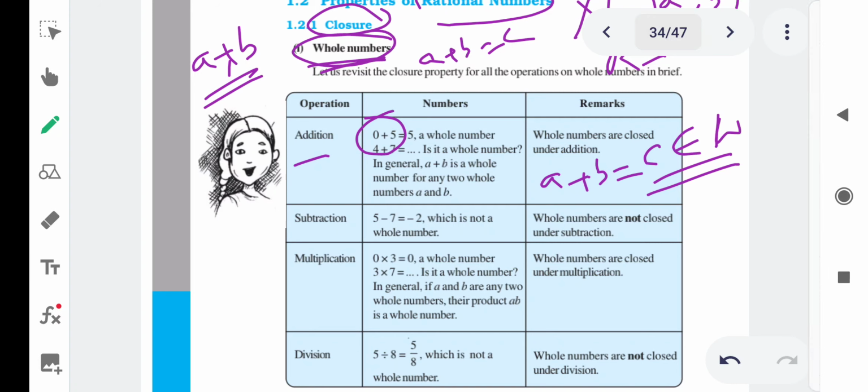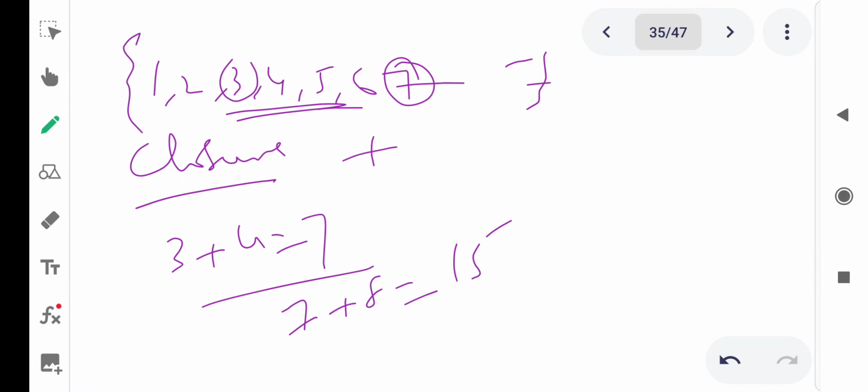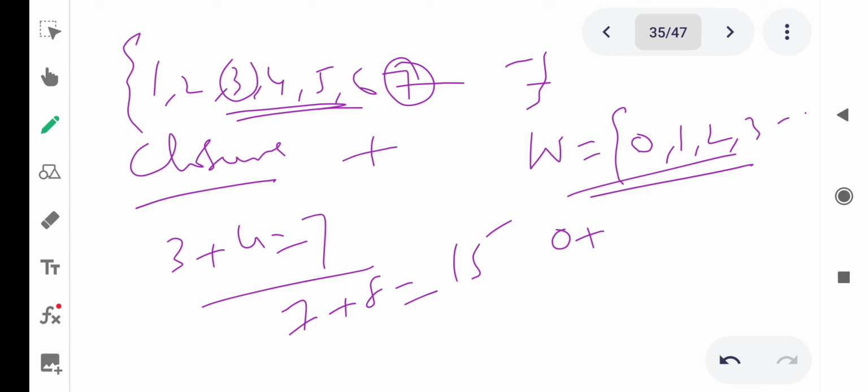That means if W is the whole numbers, 0, 1, 2, 3, and so on, take any two numbers. 0 plus 2 is 2, again here only. 0 plus 3 is again in the whole numbers only. 2 plus 3, 5, again in this. So the closure property is satisfied.